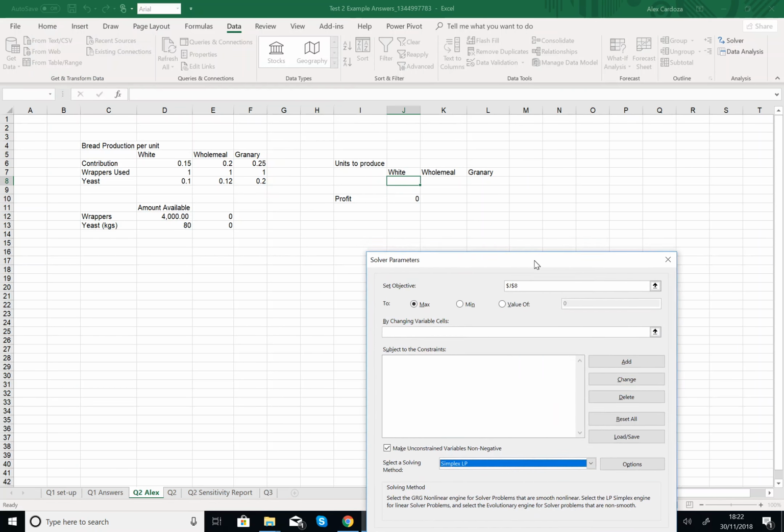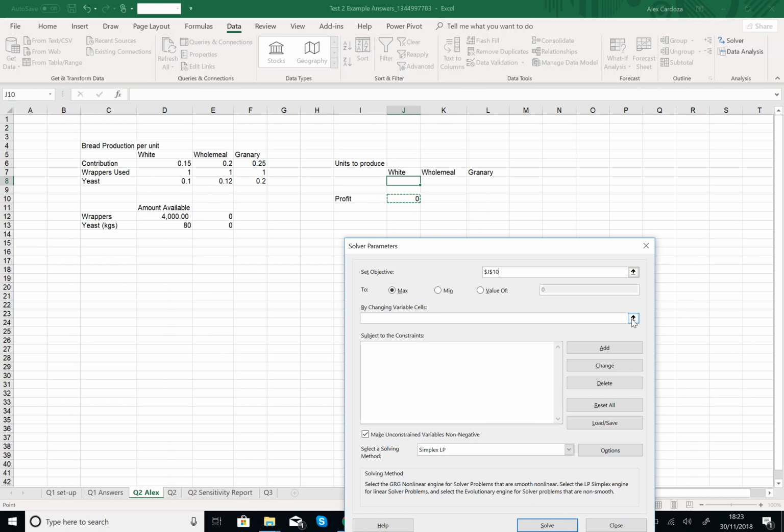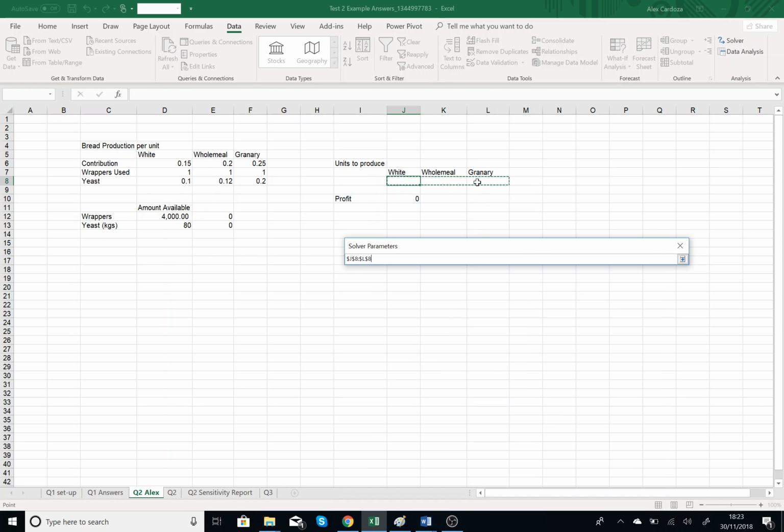And our objective is to maximize profit, yeah, by changing these variables here.